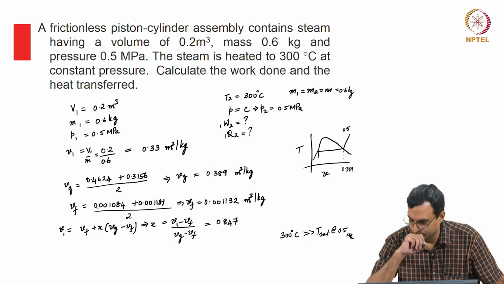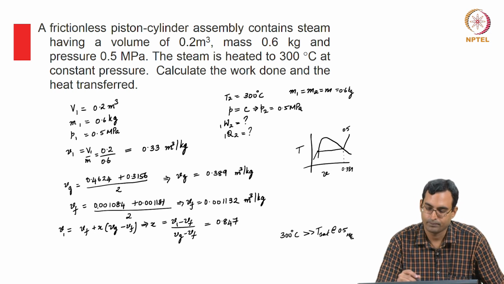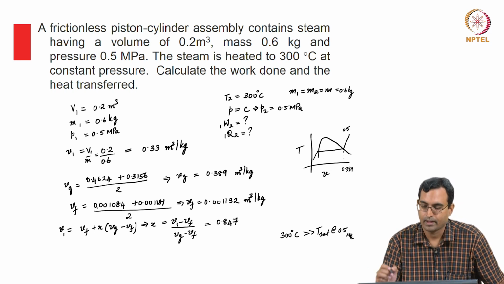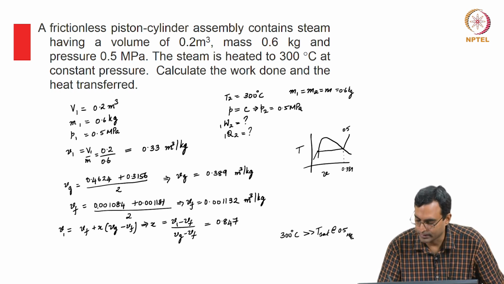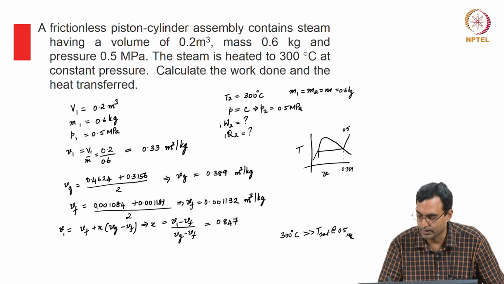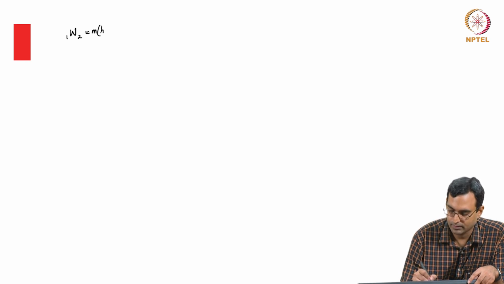What I know is that this is a constant pressure process. I am asked to find out the work done and the heat transferred. The work done in the constant pressure process would be essentially P dV, because P is constant.